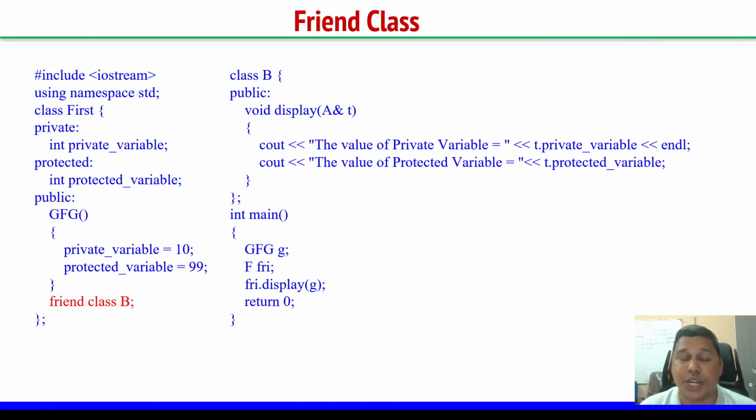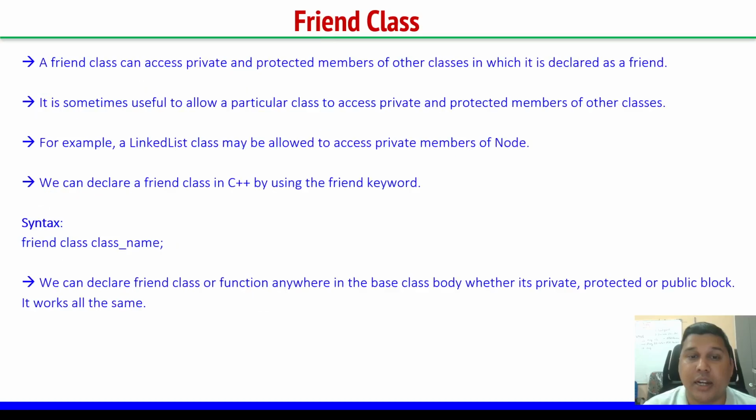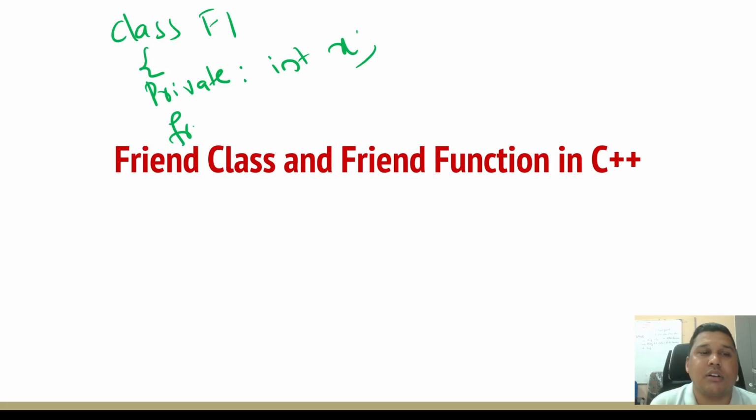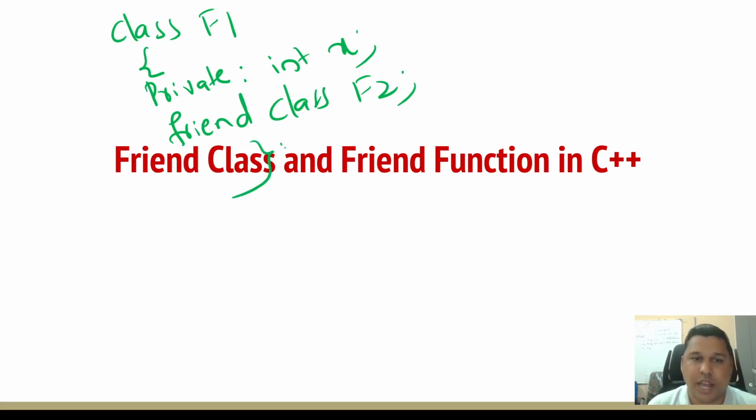Now I have one question here. Let me go back and write. There is one class F1. In that there is one private variable int x, and I wrote friend class F2 and close the class.